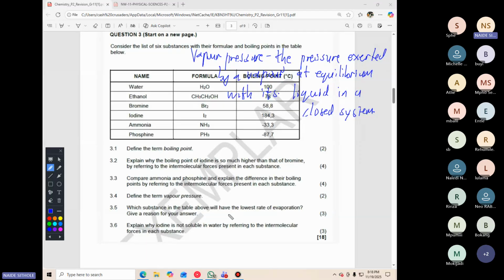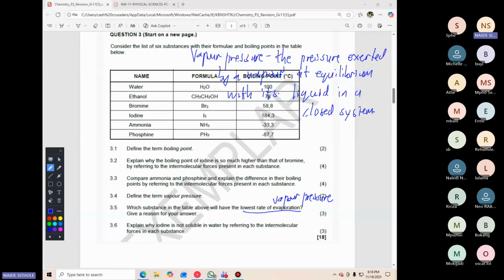Which substance in the table above will have the lowest rate of evaporation? Guys, when they talk about rate of evaporation, this is basically vapor pressure. Don't be confused. They're asking which one will have the lower vapor pressure. They just decided to write it in another form.